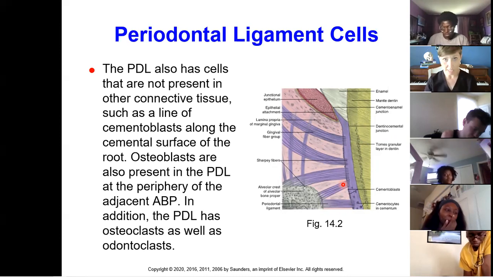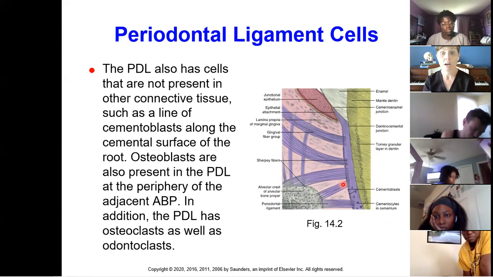Just to sum this up, the periodontal ligament has osteoblasts and osteoclasts near the alveolar bone proper, and cementoblasts and cementoclasts near the cementum. So those are the cells that are in there.